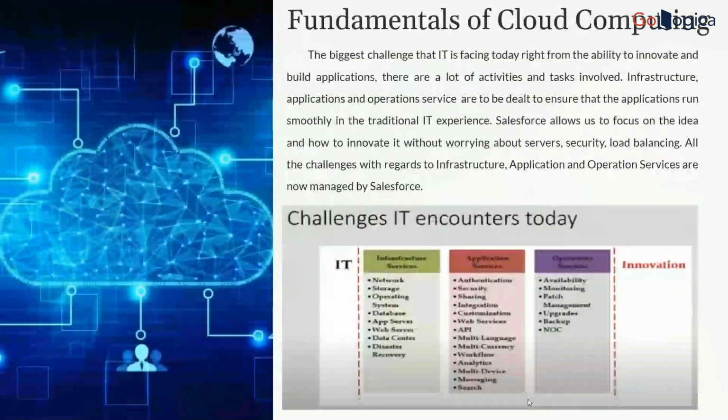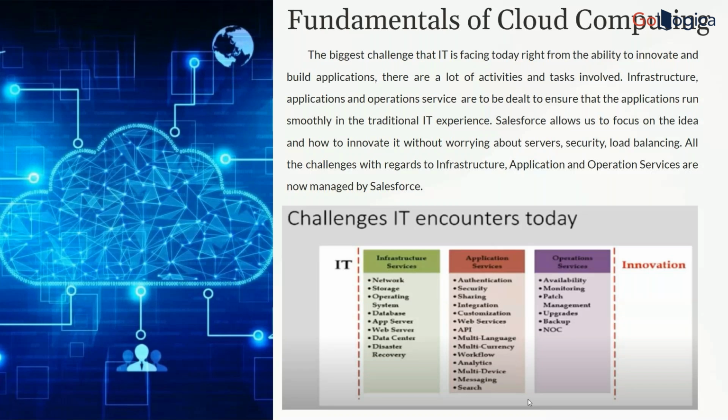So this is basically the fundamentals of cloud computing. It covers infrastructure services, application services, and operation services. So we don't need to rely on setting up the network, or basically setting up the infrastructure of how the information will be stored, what the operating system and databases will be.